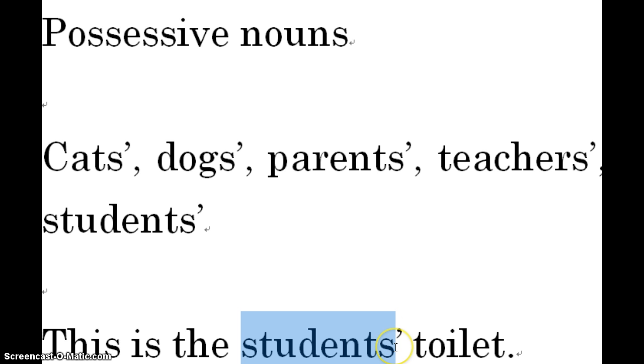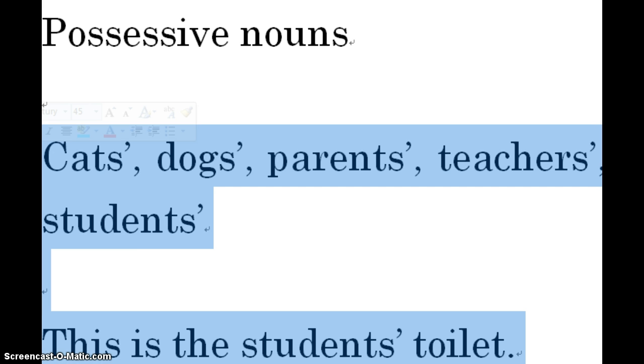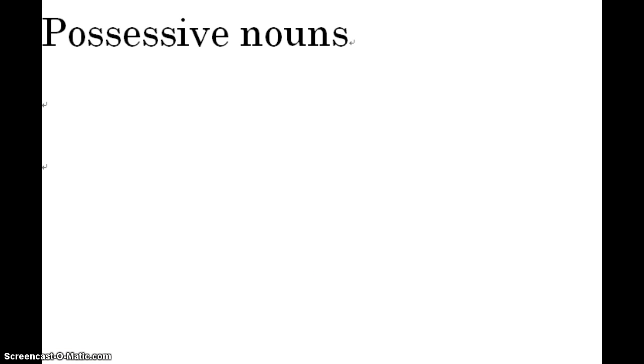So we use the plural form of student, and then to show that the students are the users or the owners of the toilet, we put the apostrophe after the plural noun. Now, however, there's one trick to this whole thing with possessive nouns for plurals.